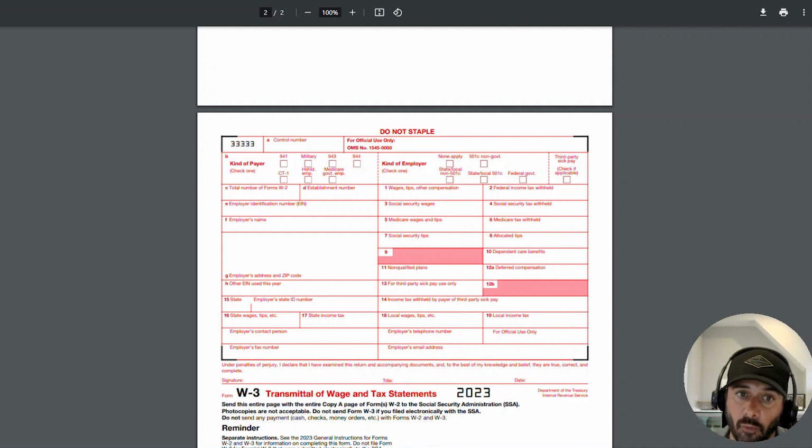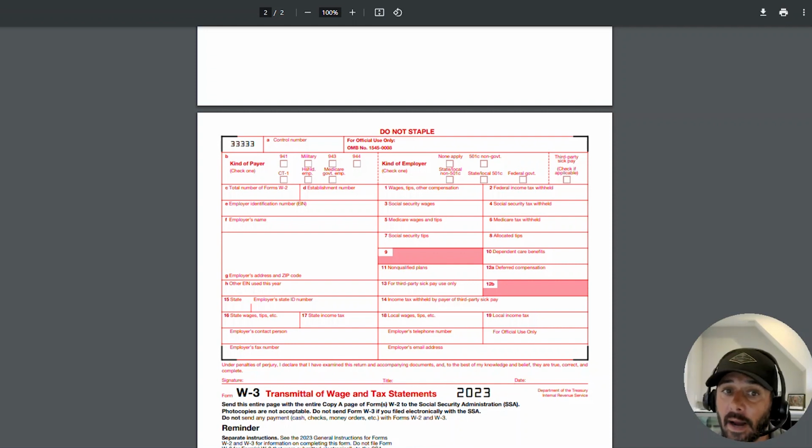Now, all paper forms must comply with IRS standards and be machine readable. Photocopies are not acceptable. You're going to use this form W-3 even if only one W-2 is being filed. Make sure that both the W-3 and the W-2 show the correct tax year and the employer identification number, which is your EIN.